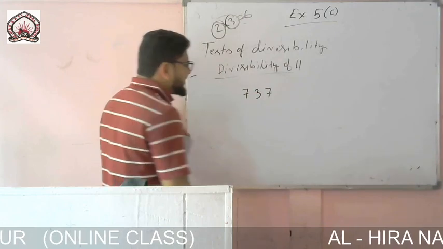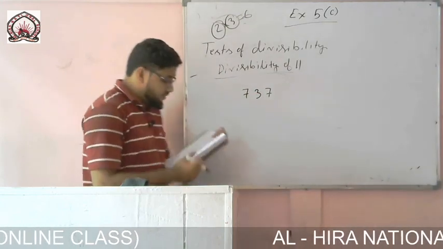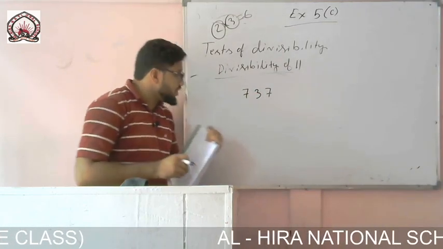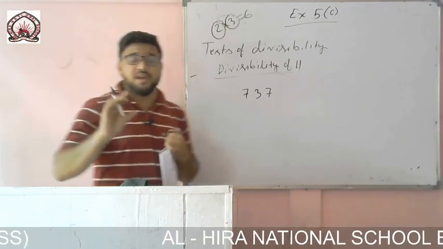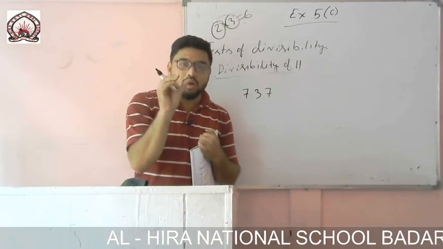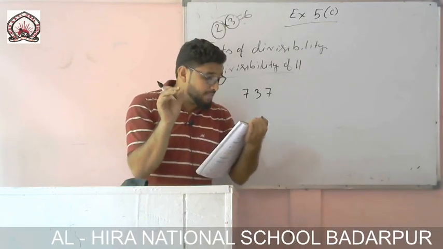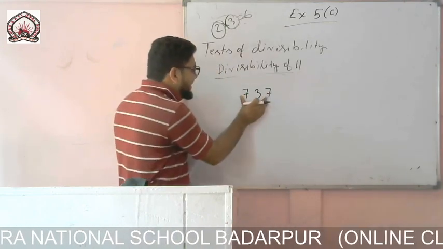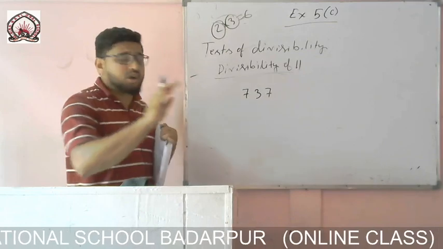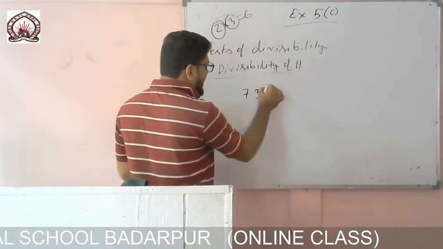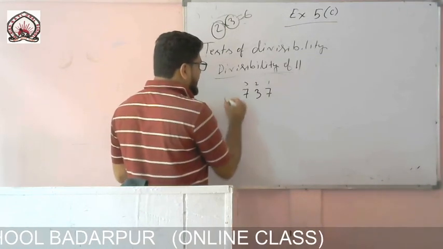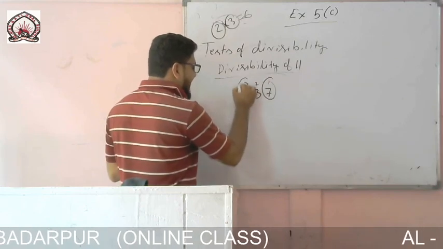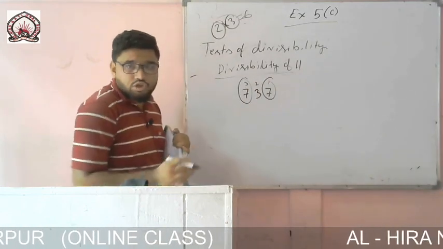First you have to find the sum of the digits in the odd places. In the odd places, this is 1, 2, 3, so this one and this one are in the odd places. So you add it.